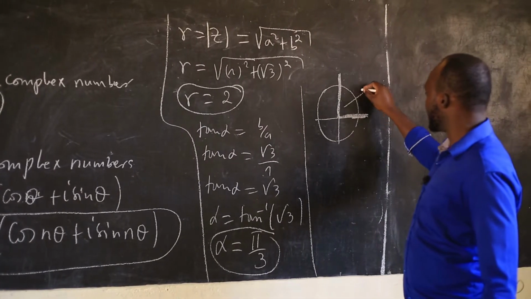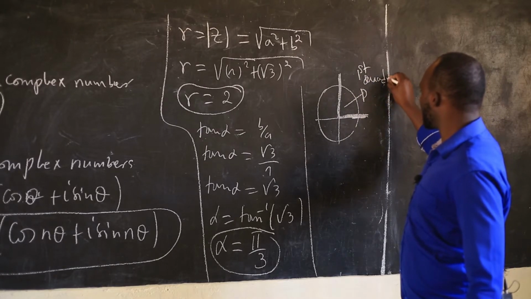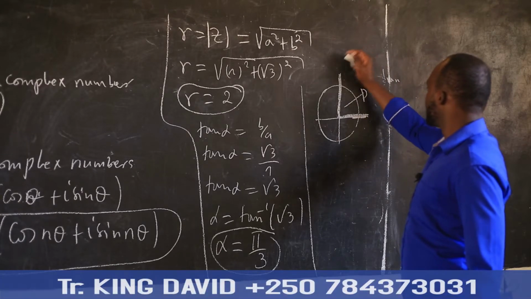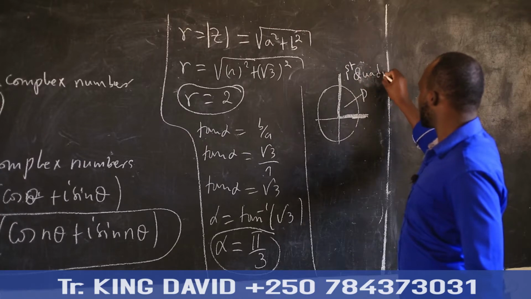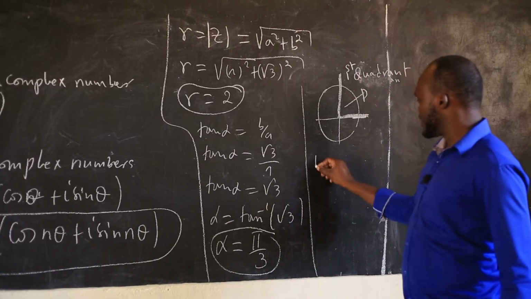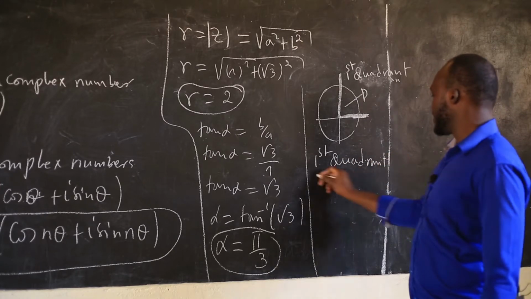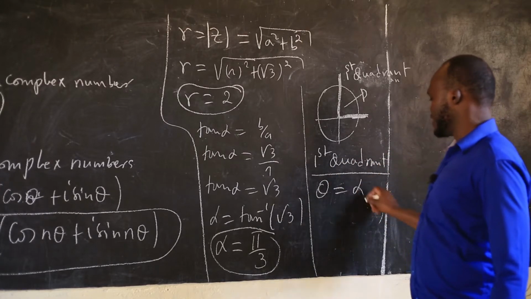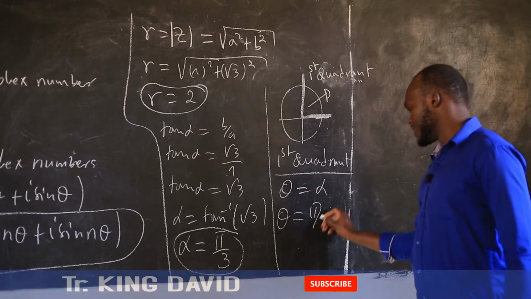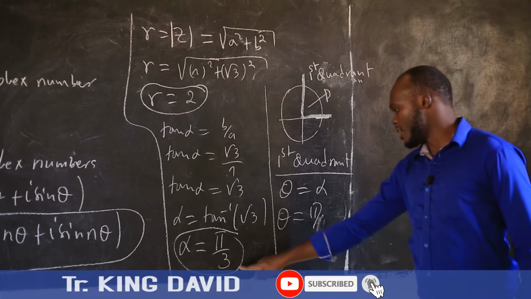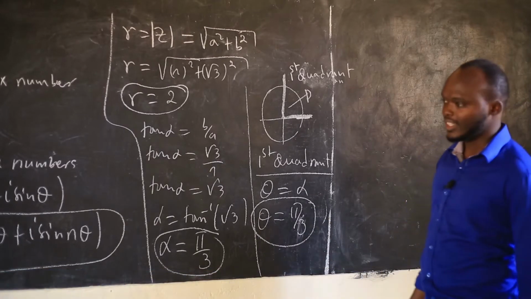You see they meet in the first quadrant. Remember that in the first quadrant, our angle equals alpha. So our angle will be equal to pi over 3, because our alpha is pi over 3. So our angle is pi over 3, which is the argument of z.